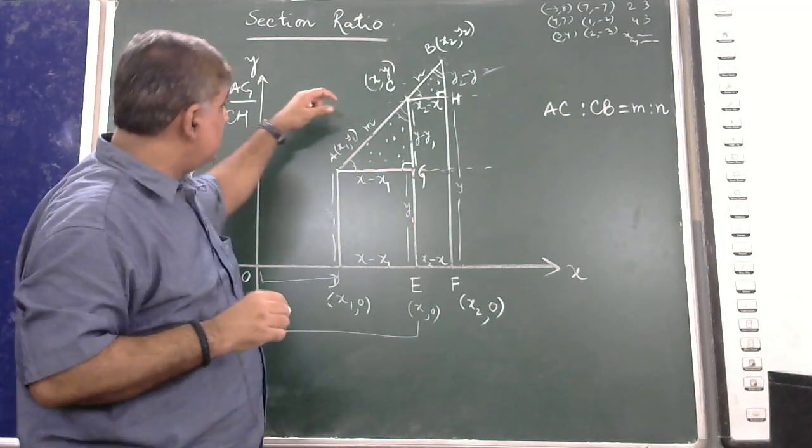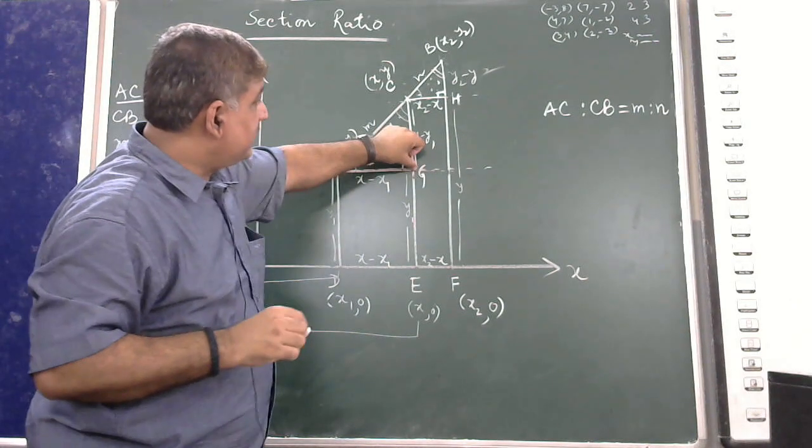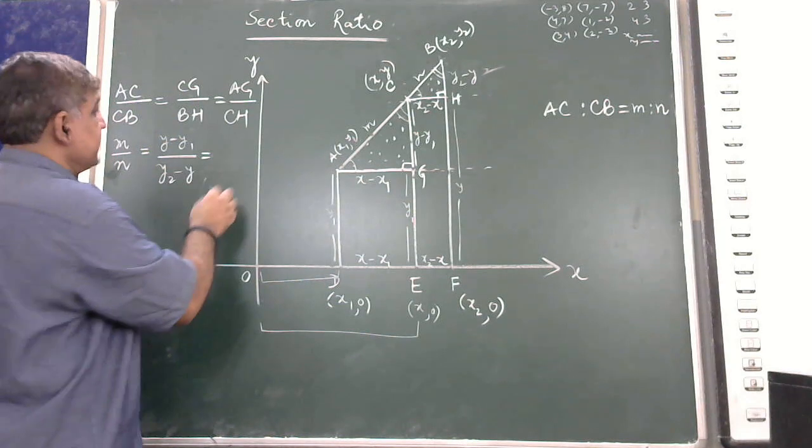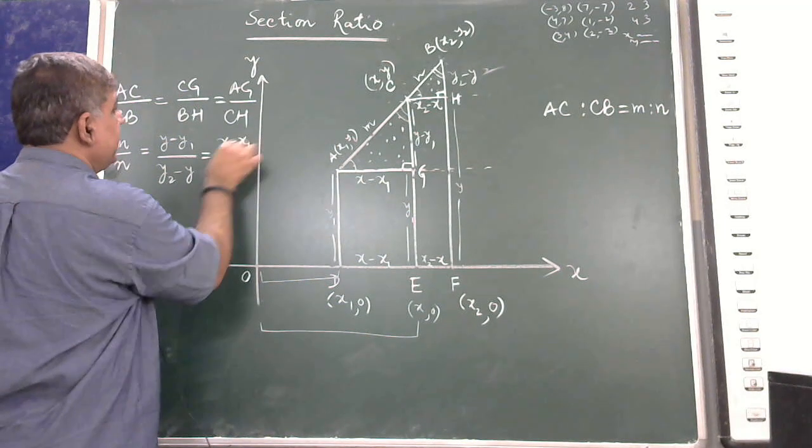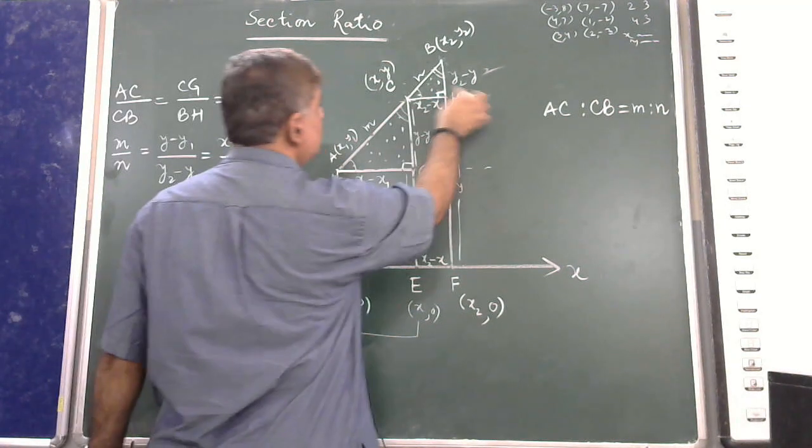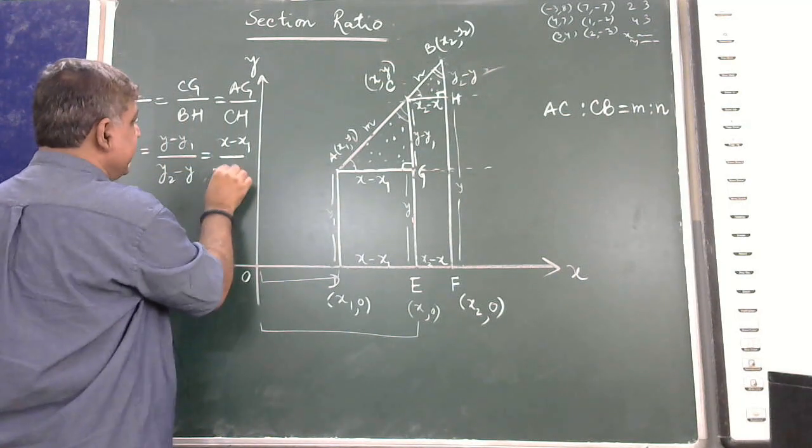AC is the length, this one, AC, that is x minus x1, divided by, what about the length CH, that is x2 minus x.